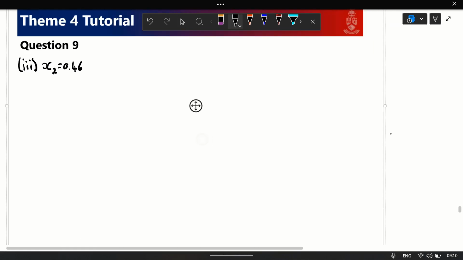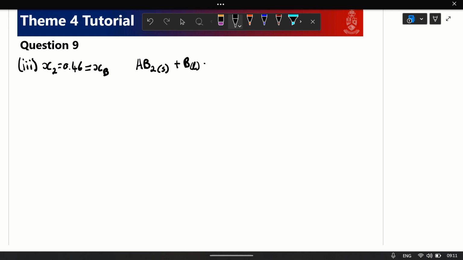This is, of course, the composition of B. So what we're looking at here is the region of AB2 solid plus B liquid plus A liquid. They're asking just to look at the dissociation, basically, because AB2 solid isn't dissolved in the liquid.